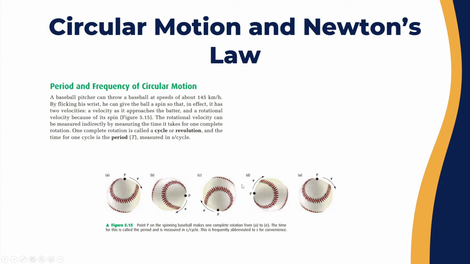When the mark that you put on the ball comes back to the same position after a full rotation, that is called one cycle or one revolution. And the time for one cycle to take place is called a period. The period is measured in seconds per cycle. So how long did the ball take until it spun from this point to this point?